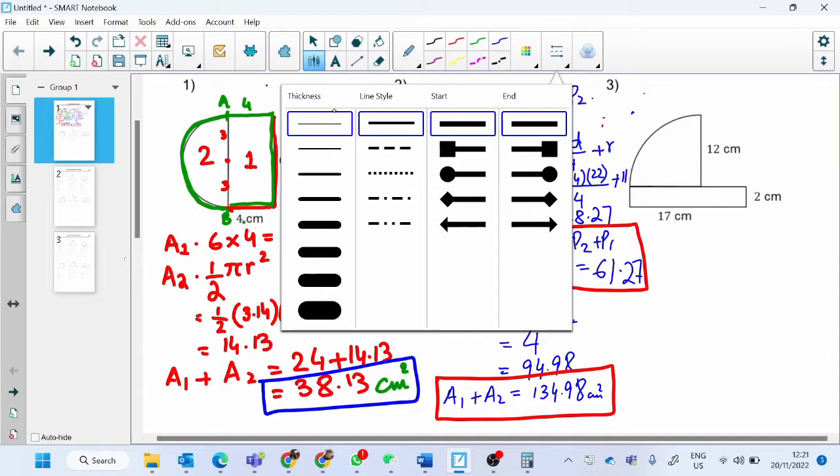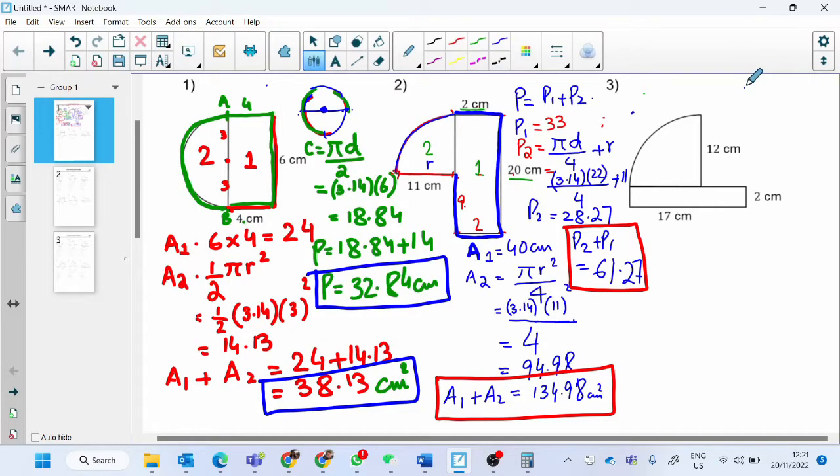And this one again we have a similar type of question. In this question, first we have to find the area of the first shape and then the area of the second shape. So the area of the first shape is 17 times 2. It's a rectangle, so 17 times 2 is 34 centimeter square. Since the unit is centimeter, the area is centimeter square.